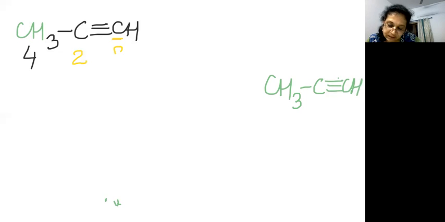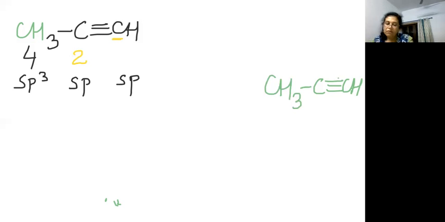So this CH3 will be sp3 hybridized. This carbon in the center, sp, and this carbon on the side again, sp. So now we have our hybridizations complete. Let me start drawing it.